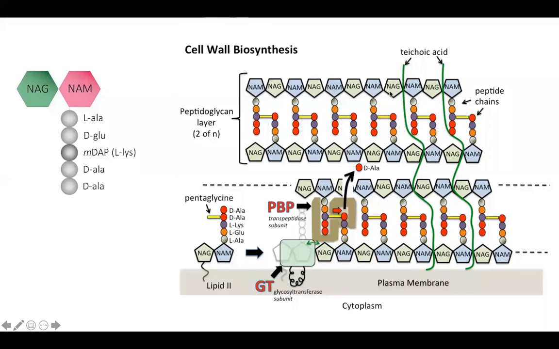We shall not go into the details. For those who are interested in getting deeper, there are excellent articles about cell wall biosynthesis. But what you need to remember at your level are the two basics, NAG and NAM.